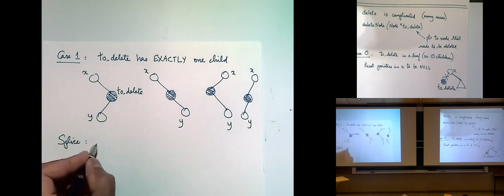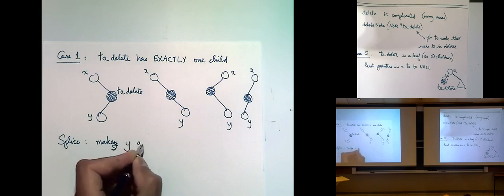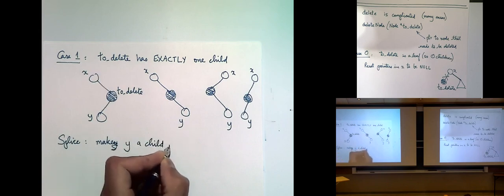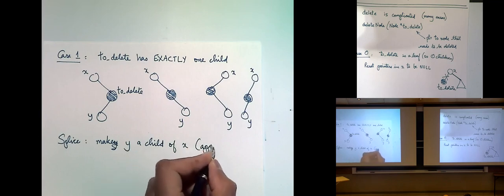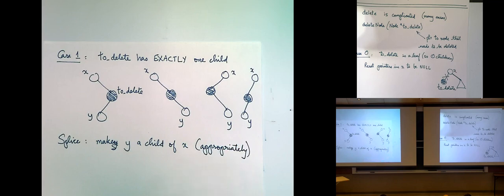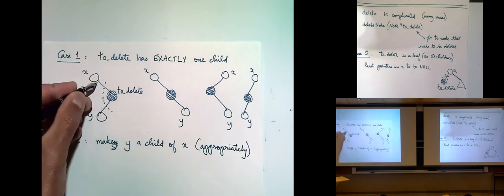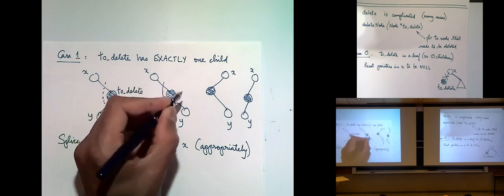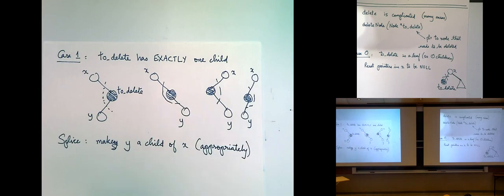What this means is you make Y a child of X appropriately. In this case, you would just make Y a child of X. You could remove this in all of these cases.